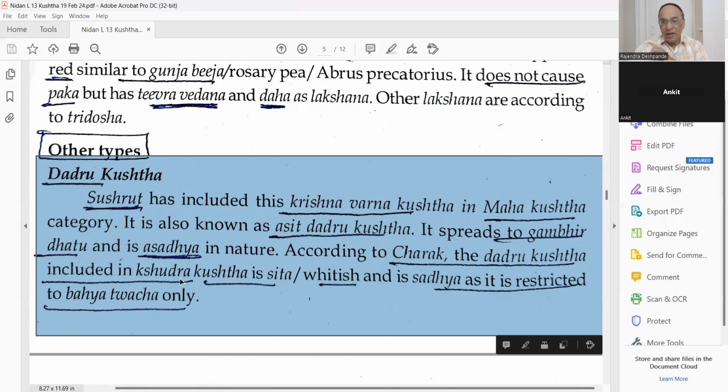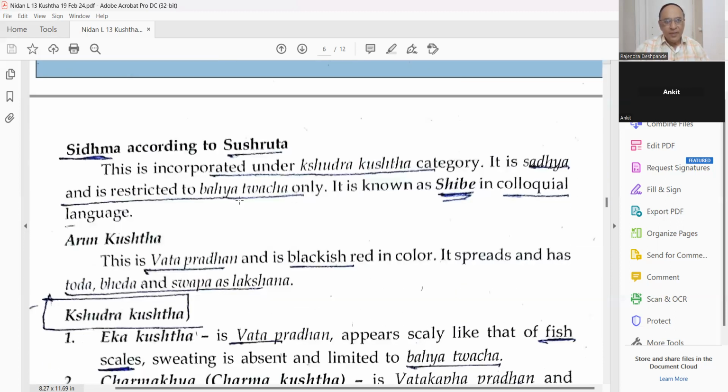Sushruta has included it in Mahakushtha, but Charak has included it in Kshudra Kushtha. There may be different skin diseases they are talking about, but there is a controversy in this Dadru. So try to remember this controversy, the difference of opinion.